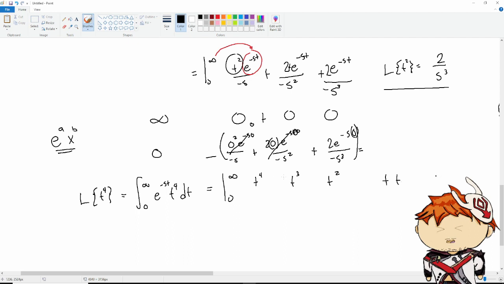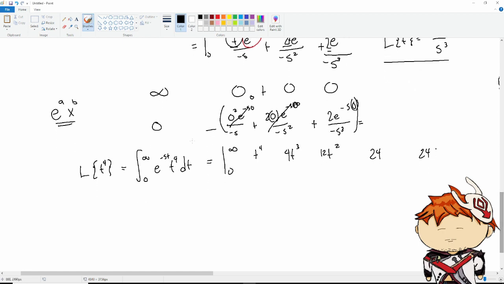Differentiating each term, this becomes 4t cubed, this becomes 12t squared, this becomes 24t, and this becomes just 24 because you cannot differentiate it further. Each is multiplied by the same e to the negative st, with plus signs between them. That's 5 terms.